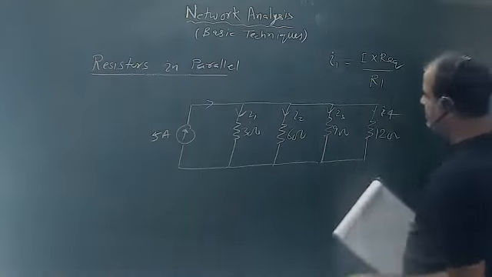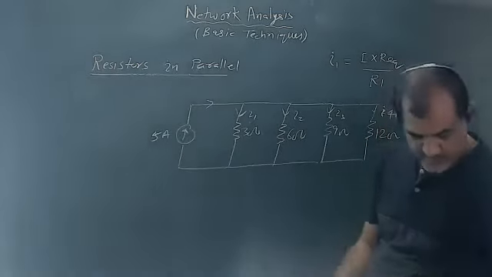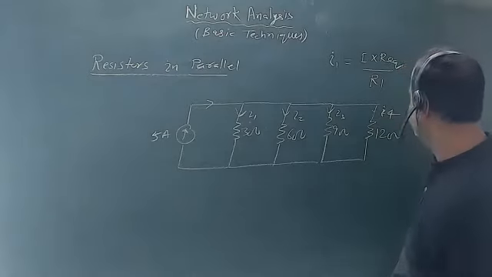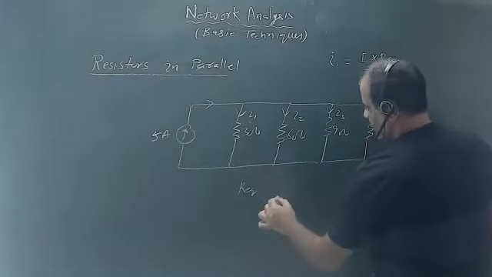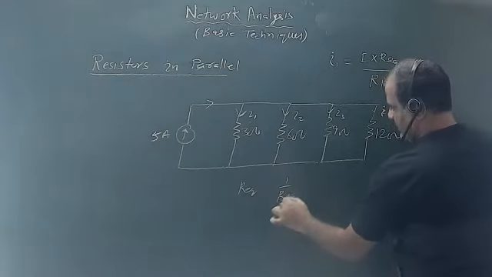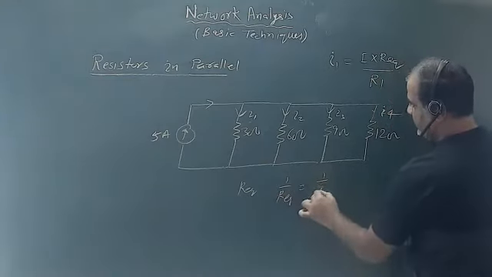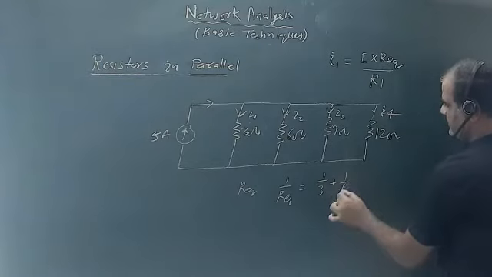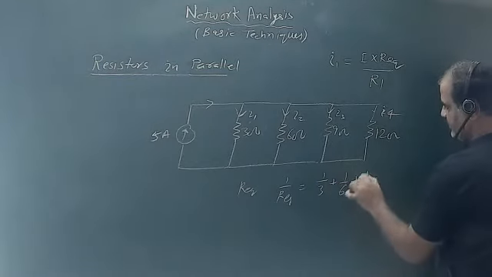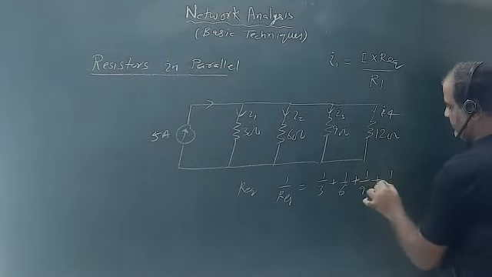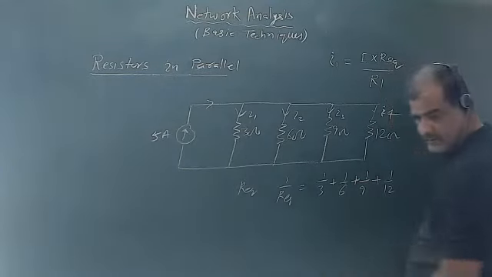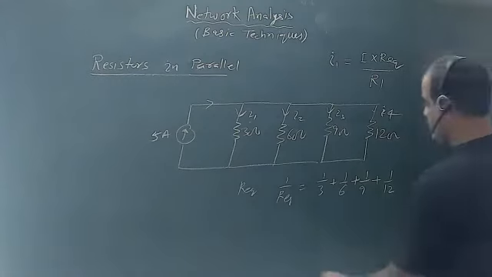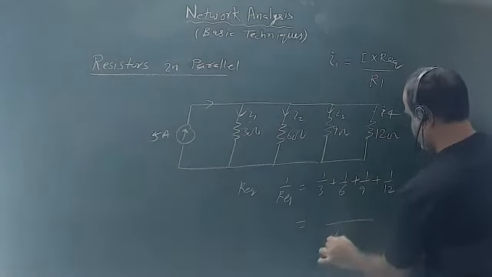Calculate what is I1, I2, I3. So first of all, you have to calculate R equivalent. So 1 by R equivalent will be 1 by 3 plus 1 by 6 plus 1 by 9 plus 1 by 12.